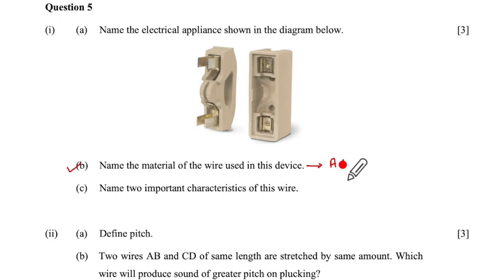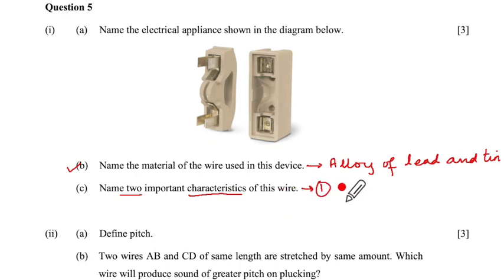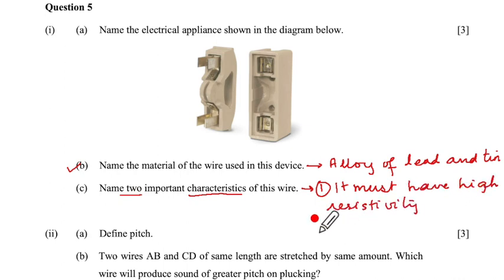It is an alloy of lead and tin. C part. Name two important characteristics of this wire. Number one characteristic is it must have high resistivity, and second one, it must have low melting point.